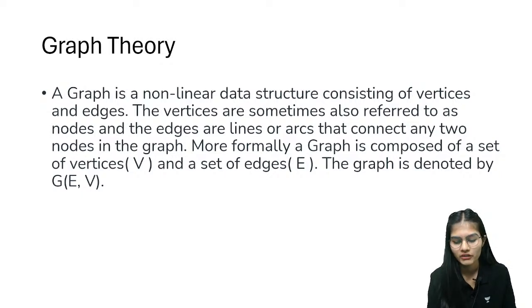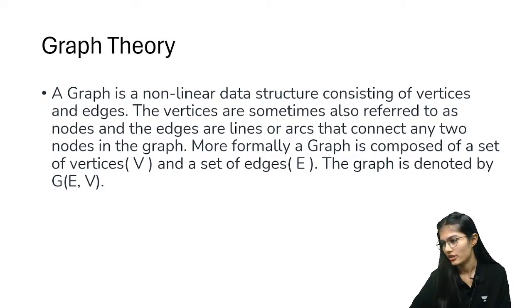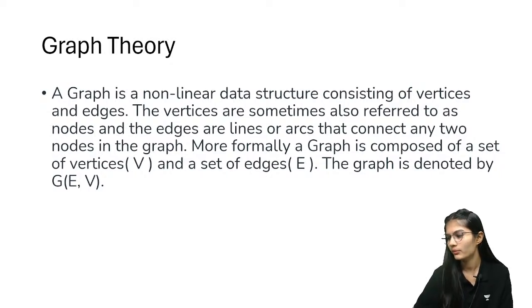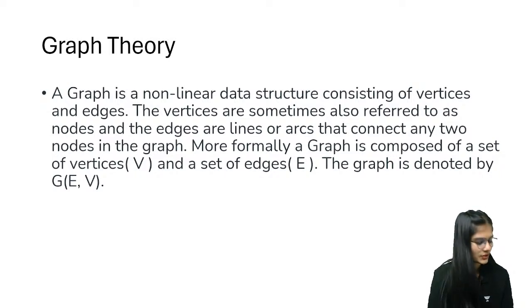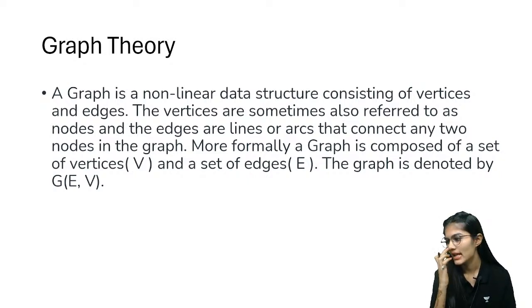Under graph theory, we'll be learning what a graph is. A graph is actually a data structure, and you'll be learning what kind of data structure it is. Then we'll learn how graph theory works, what things you have in graph theory, what the conditions are, each and everything we'll be going through. So let's start for today.